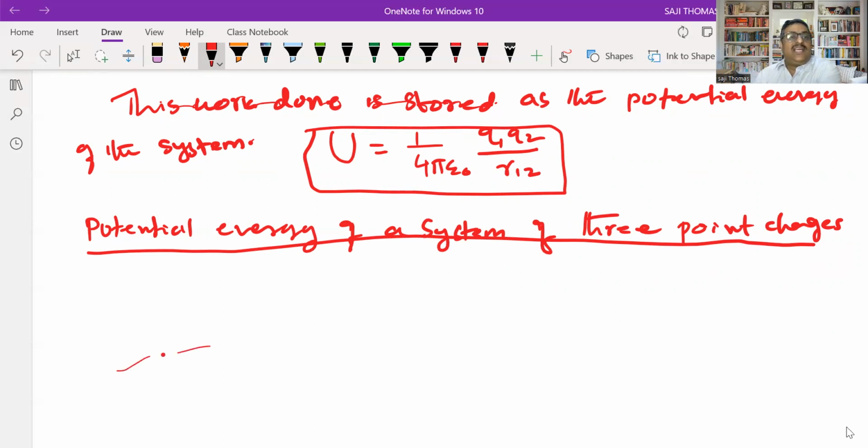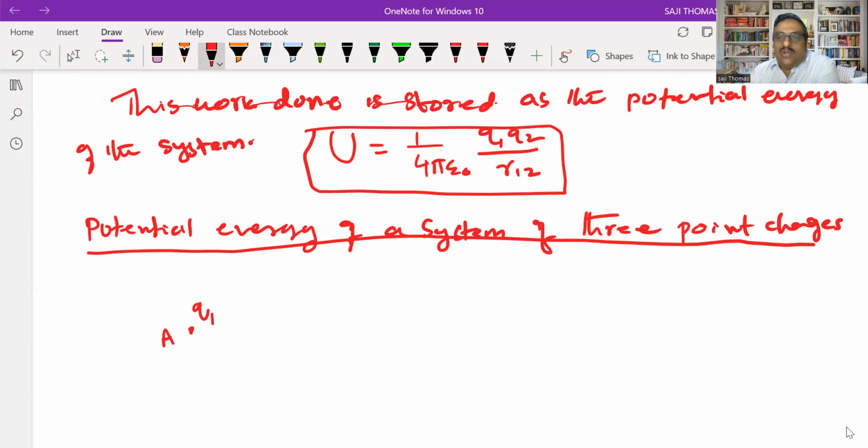First, you bring the charge Q1 from infinity to the point A. Now there are no other charges, so no need to do any work. So work done to bring charge Q1 from infinity to the point A is 0.